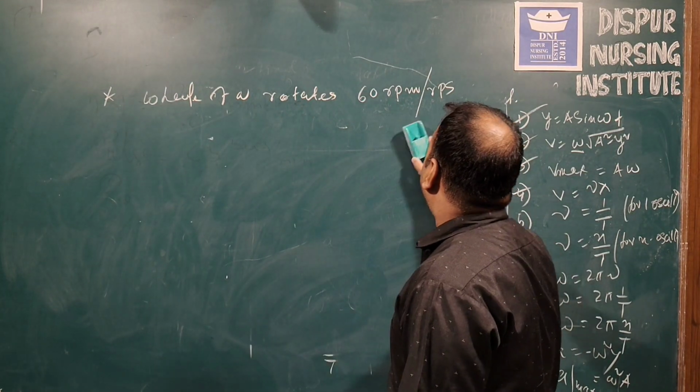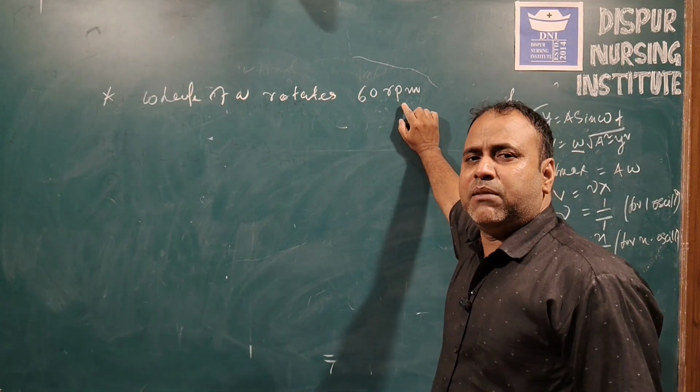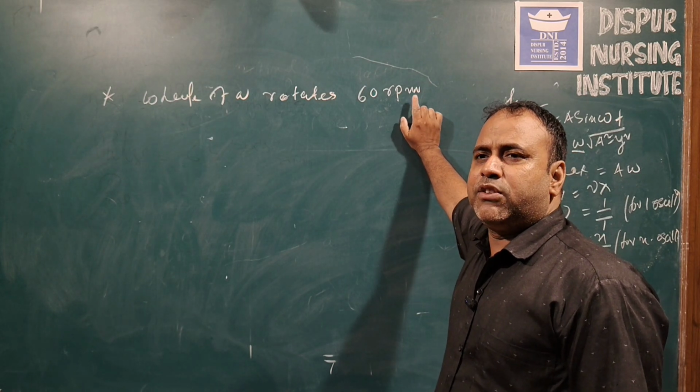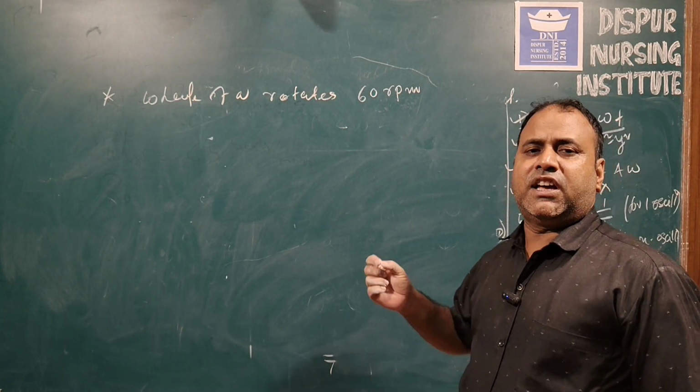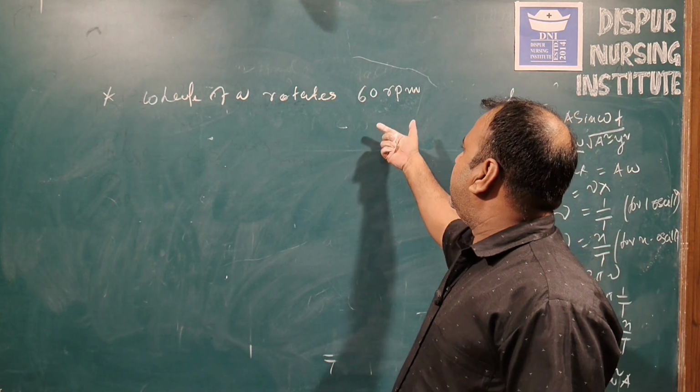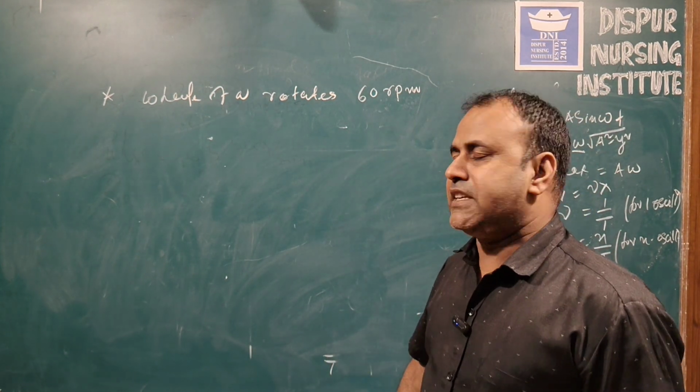You always remember rpm and rps. Rotation per second. If it is mentioned here rpm, this represents rotation per minute. On the other hand, if it is given 60 rps, then you always remember 60 rps means rotation per second.